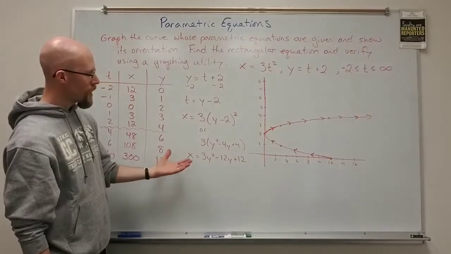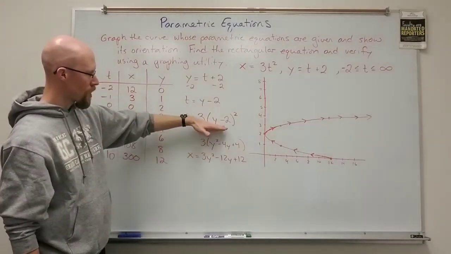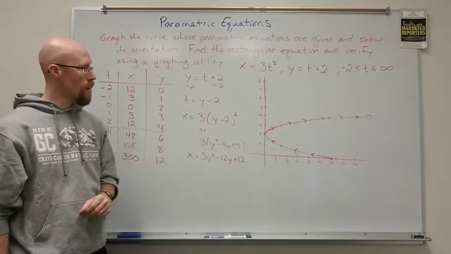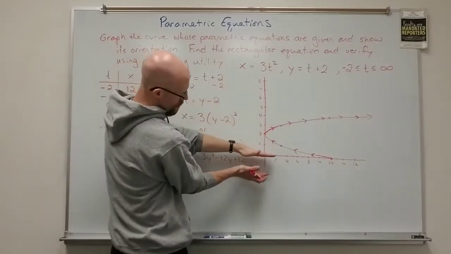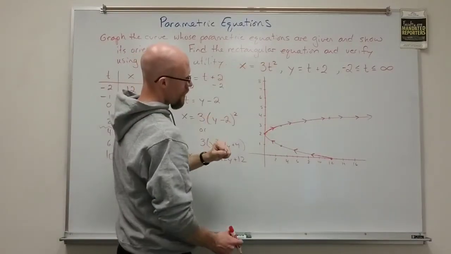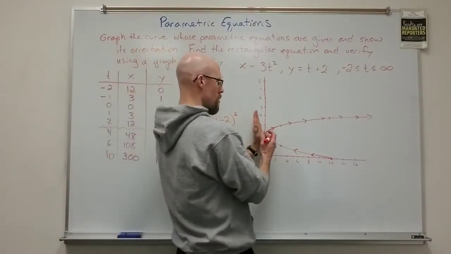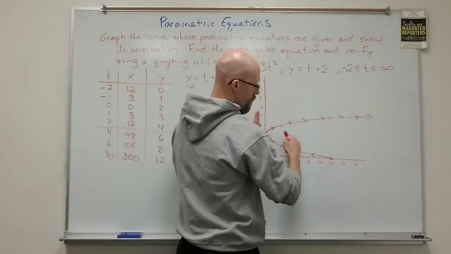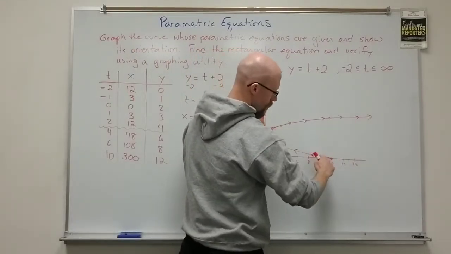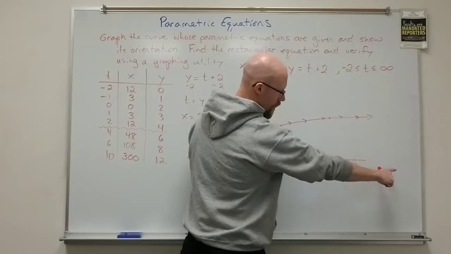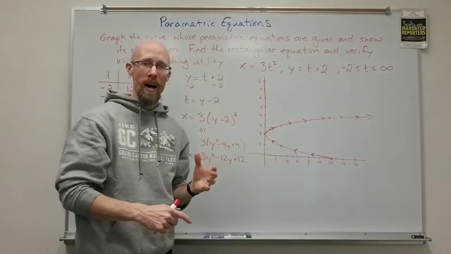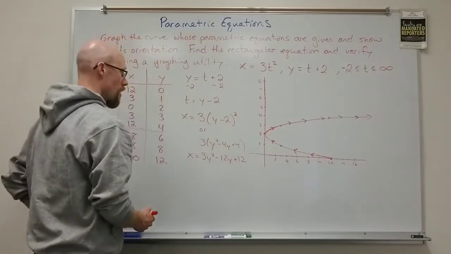So really all I need is to restrict my y values. My y values range from 0 to infinity. My x values also range from 0 to infinity, but saying the x values go from 0 to infinity would also include those points going out to the right. So really it's the y that is the more restrictive variable here.